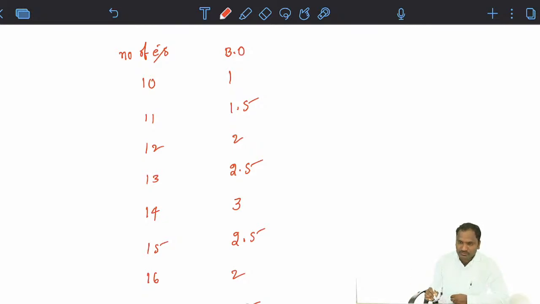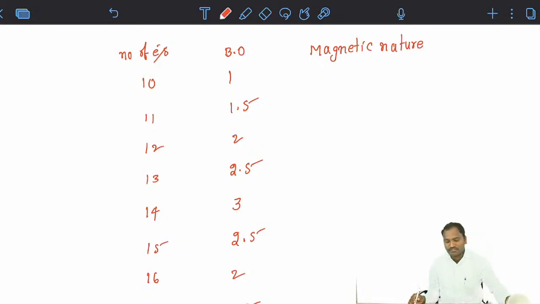Even the magnetic nature you can write easily. Regarding magnetic nature, 12, 14, 18 electron systems are only diamagnetic. The rest are all paramagnetic only.